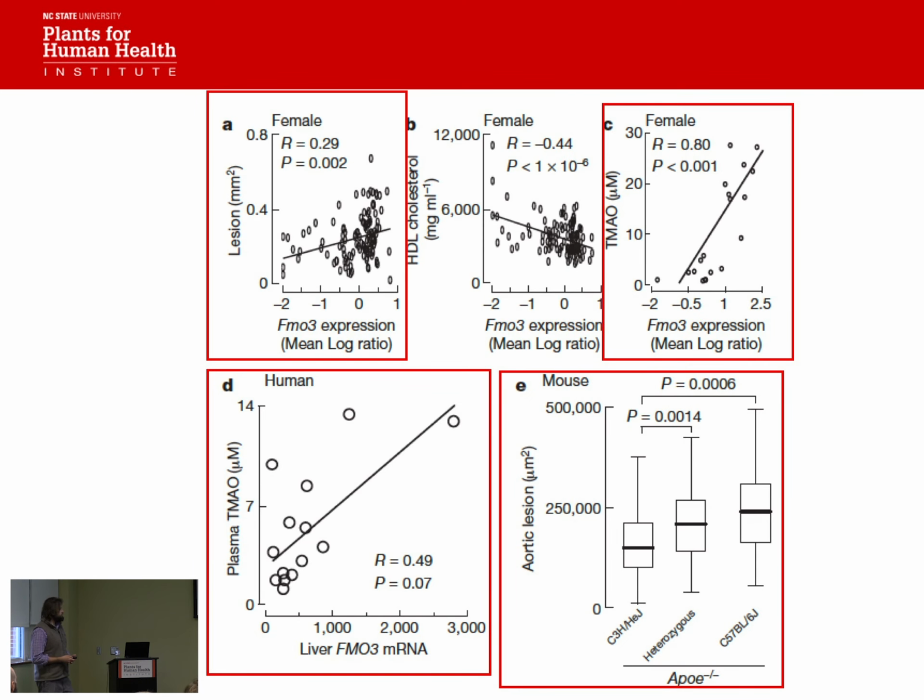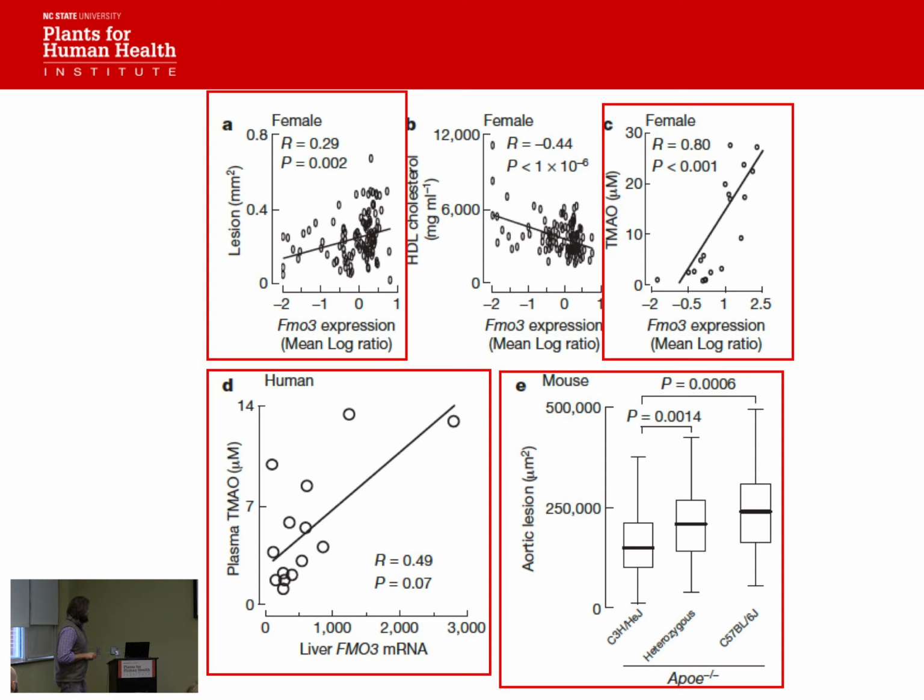The last thing, they also showed that this was related to a liver enzyme called flavin monooxygenase 3. They showed in these mice that lesion area was strongly correlated to FMO3 expression, and TMAO concentration was also correlated to FMO3 expression.